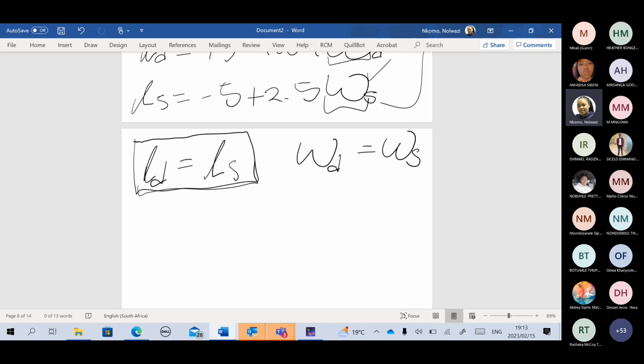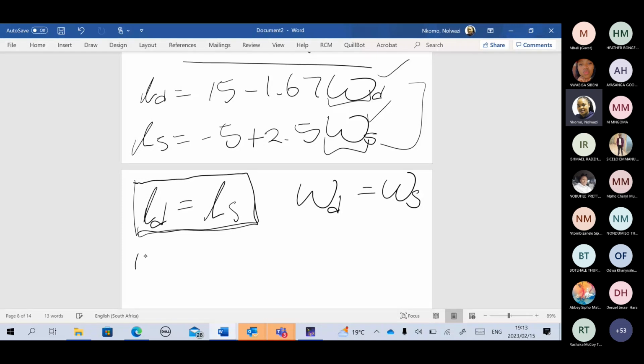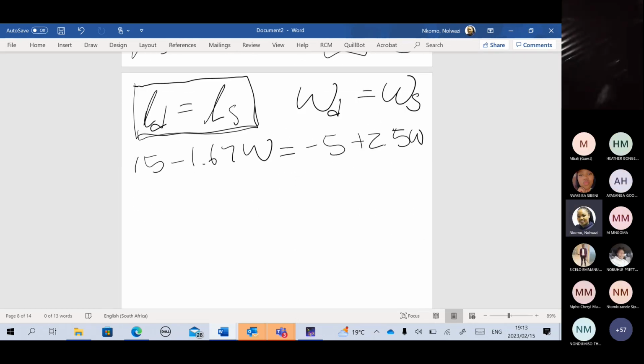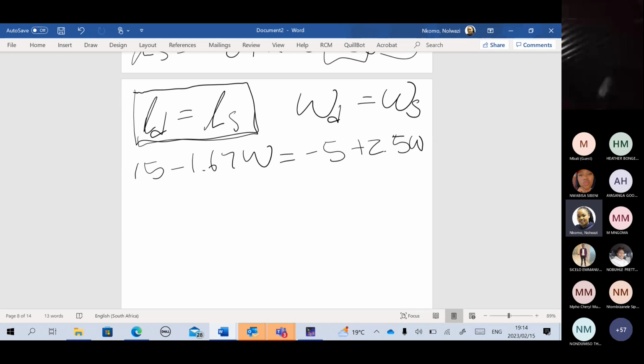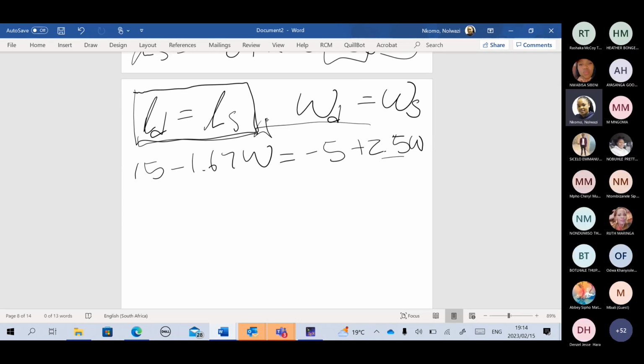If I use this condition, I will have 15 minus 1.67W equals minus 5 plus 2.5W. I will transpose W to this side and 15 to that side.